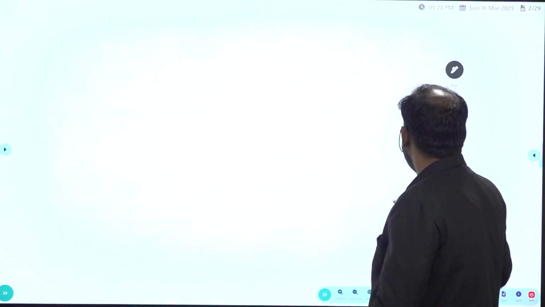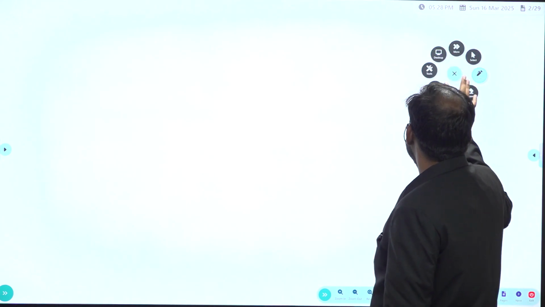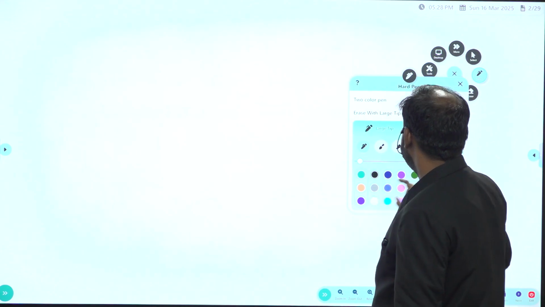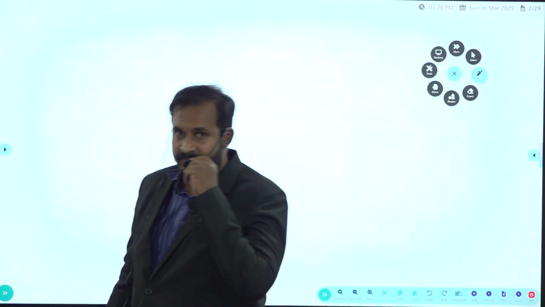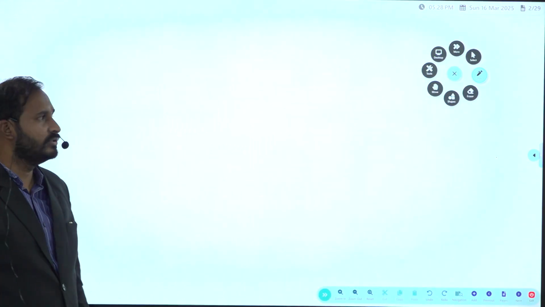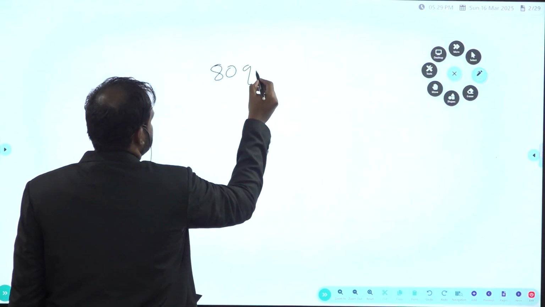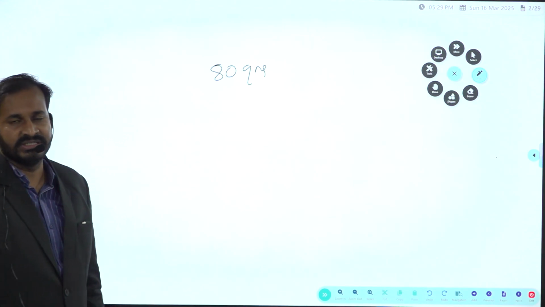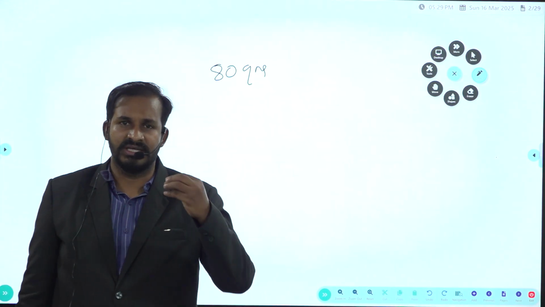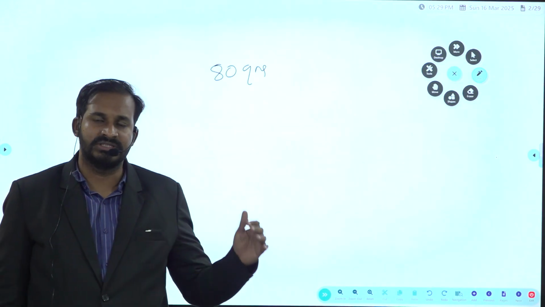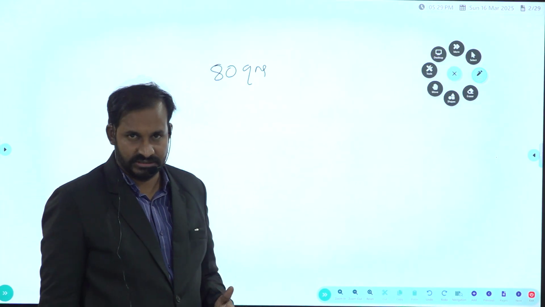In this CSAT paper, we all know that it contains 80 questions. Earlier they used to ask around 45 or 40 questions from quant and reasoning, and the remaining questions from the reading comprehension section.